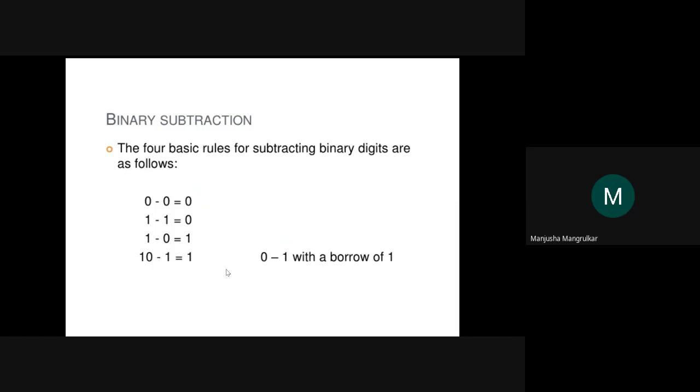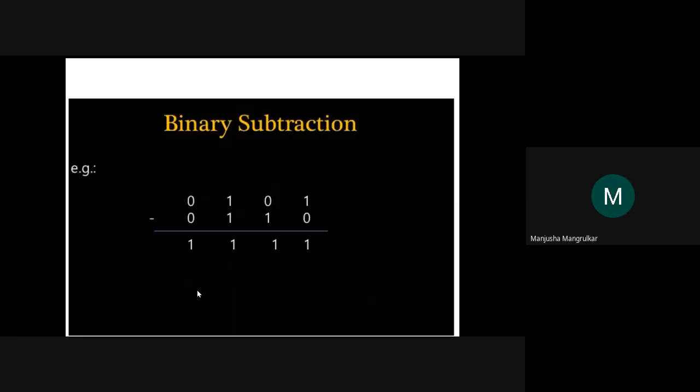So now we'll see this example. This subtraction is used when the data is very small, not too big. Now suppose 0101 minus 0110. What is 1 minus 0? 1.